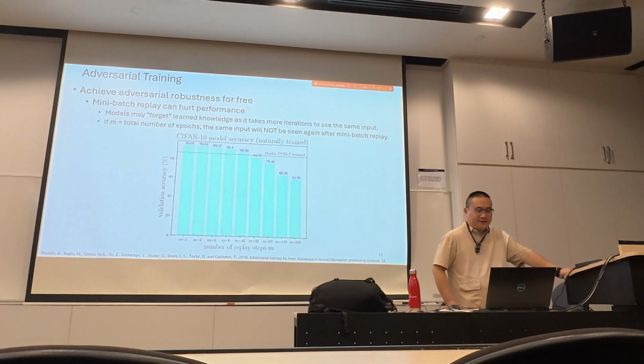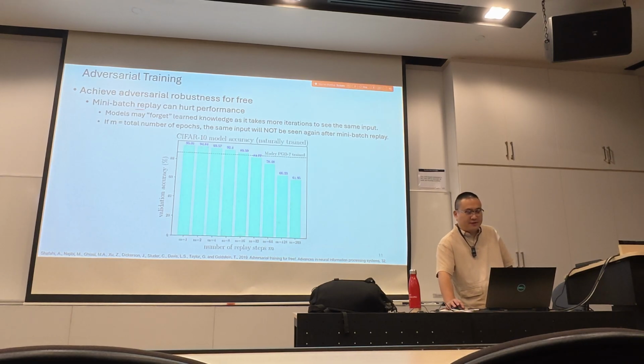So here we can see the performance for different M. The value M controls the mini batch replay, and a large value of M can hurt the performance.